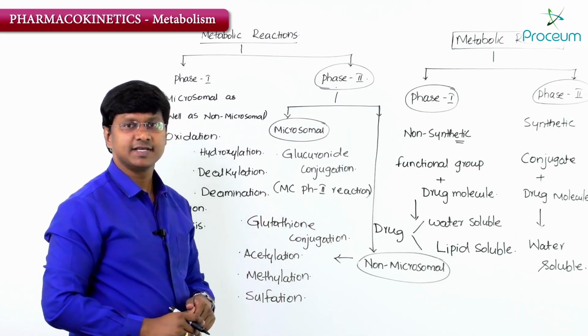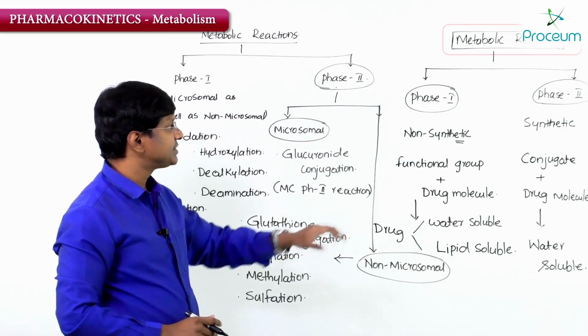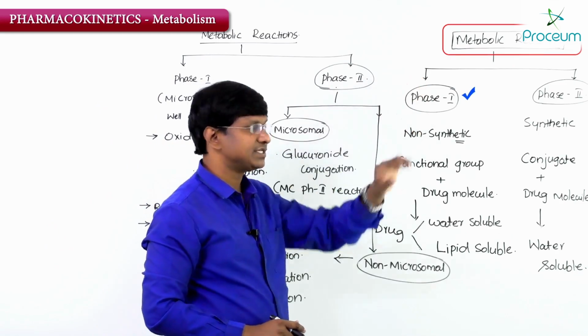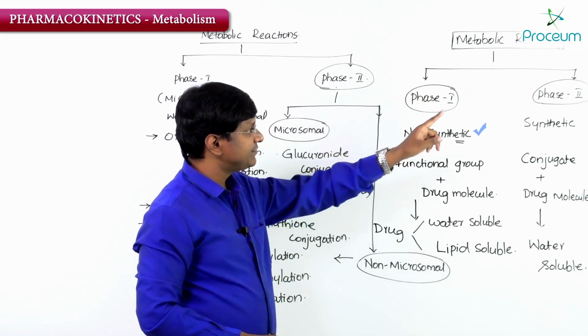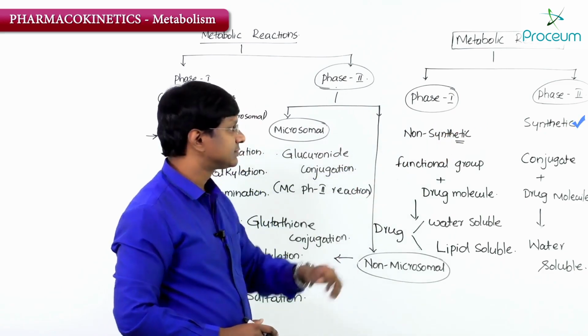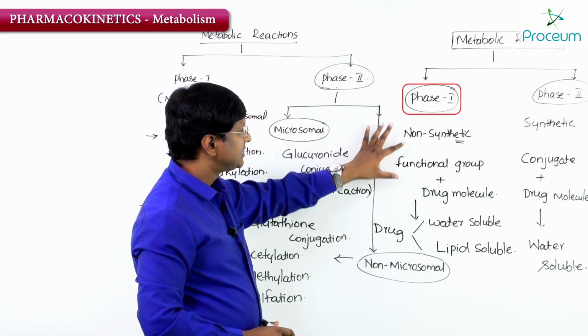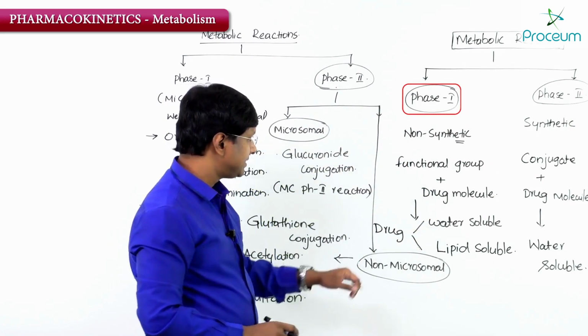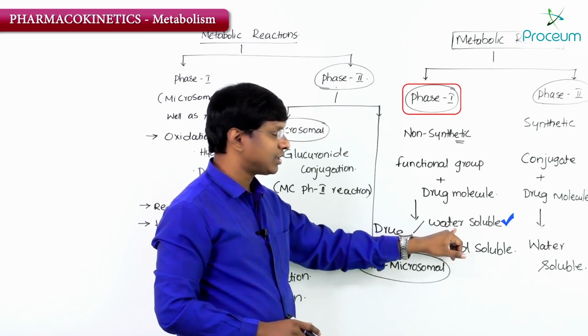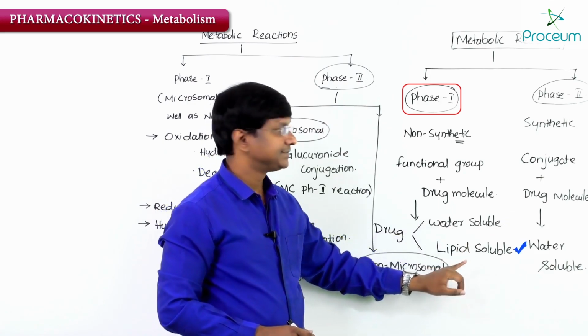Let me summarize the metabolic reactions. We classify them into phase 1 and phase 2 reactions. Phase 1 reactions are non-synthetic reactions. Phase 2 reactions are synthetic reactions. In phase 1, a functional group is attached to the drug molecule, and thereby the drug will become either water soluble or lipid soluble.